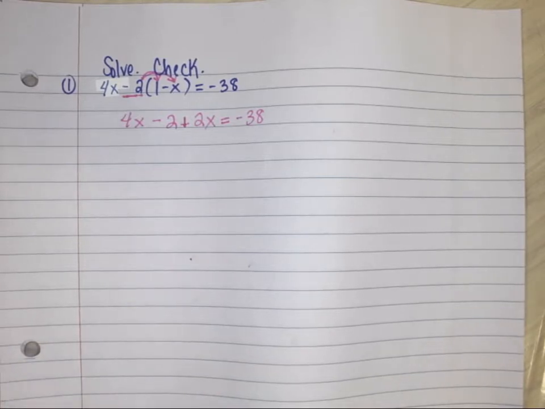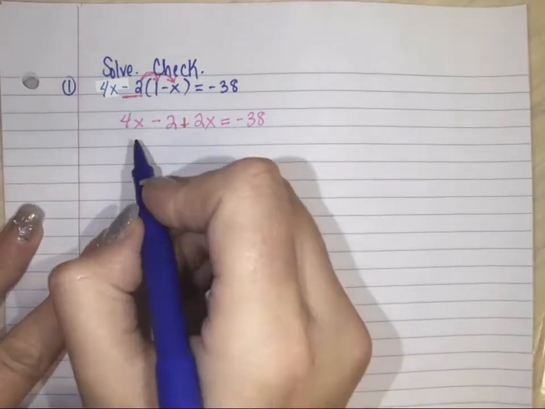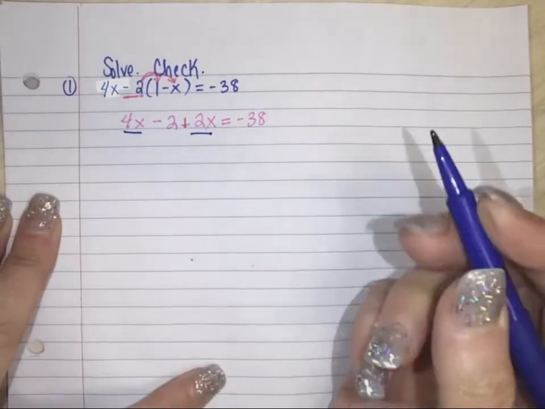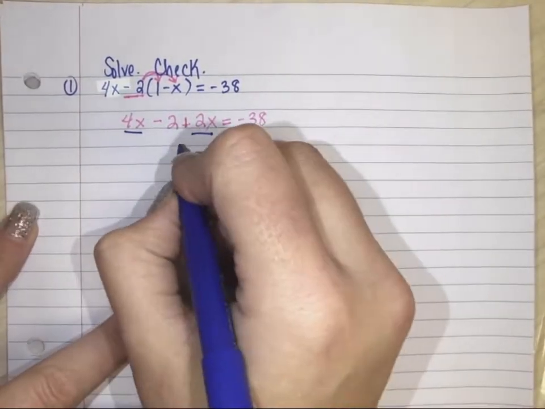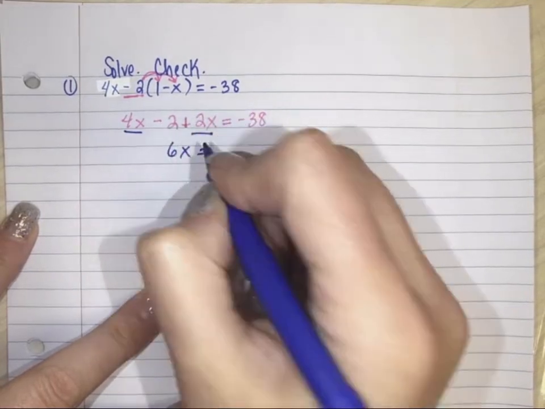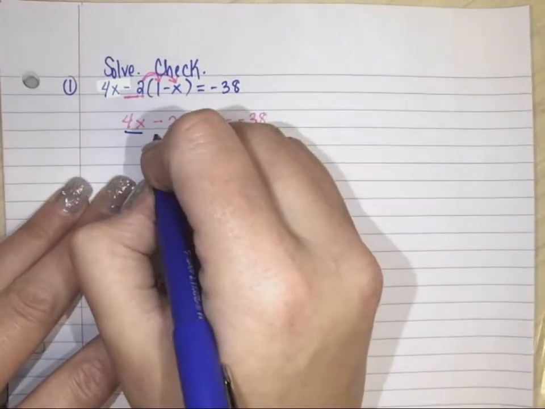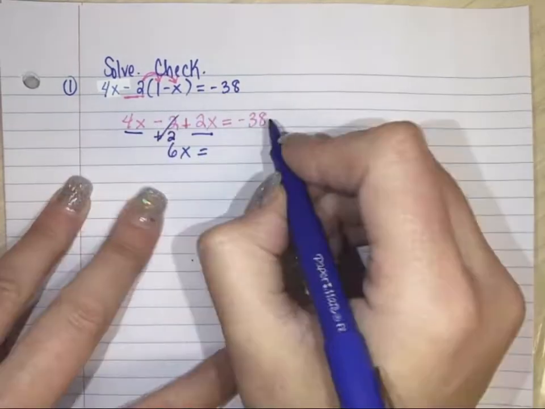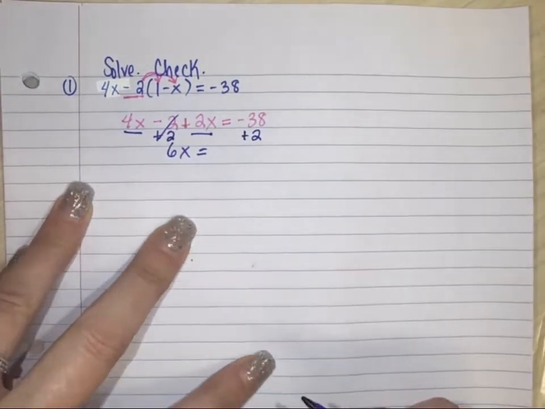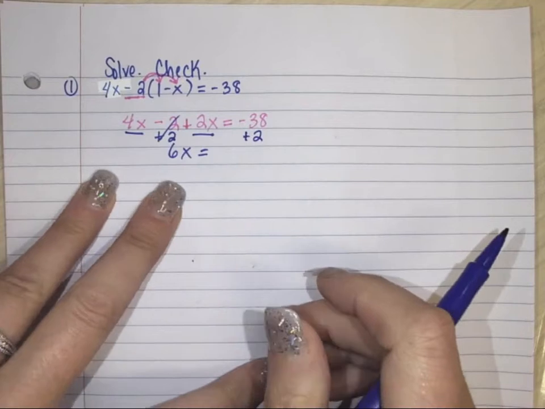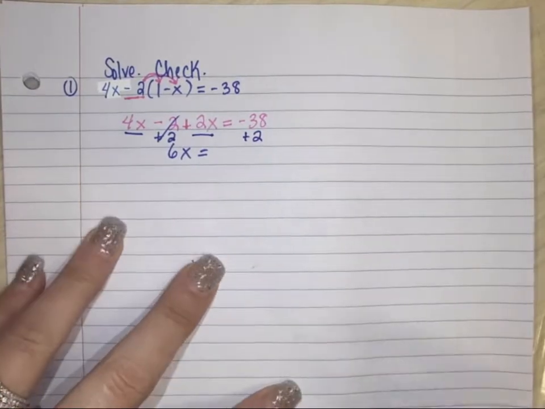All right, then the next step, of course, is to get your like terms together. So 4x plus 2x, 6x. I would go ahead and add 2 to the other side. You can do multiple steps in one if you want to. You don't have to. If you're a step-by-step person, that's fine.